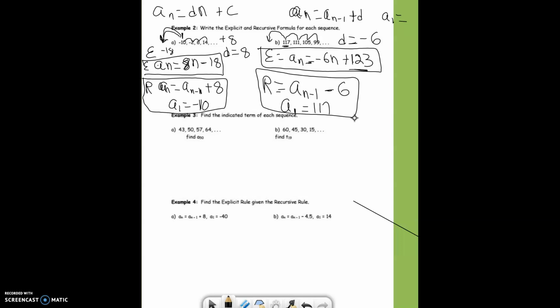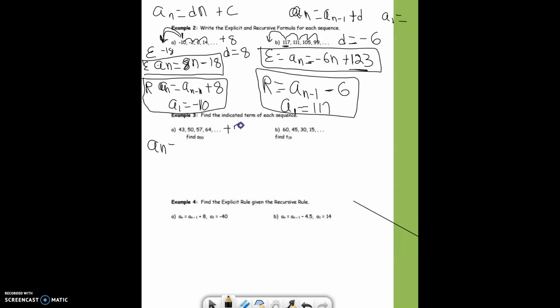Let's look at a few examples here. We are going to find the 50th term in the sequence. In order to do that, what I'm going to need is the formula, and then I'm going to show you how the formula works to find the 50th term. If you look at the sequence, we can see 43, 50, 57.